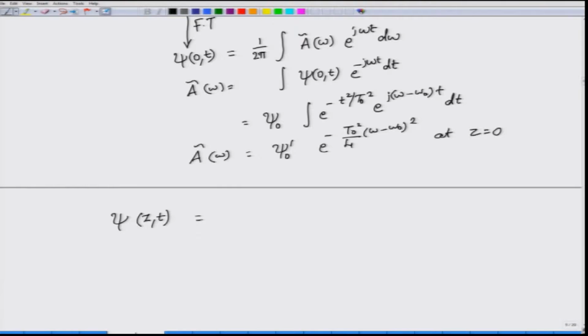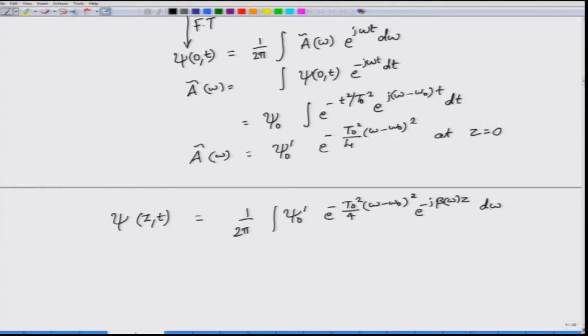So, this psi at any z after propagating a distance z should be given by the same expression, except that I have this psi 0 prime, which is this constant, e power minus t 0 square by 4 omega minus omega 0 square times e power minus j beta of omega into z. This is the phase factor that is picked up by the frequency component omega as it propagates through the fiber.